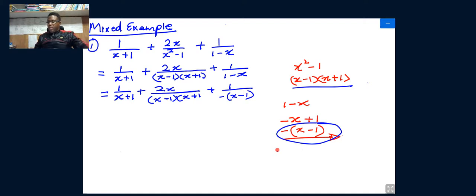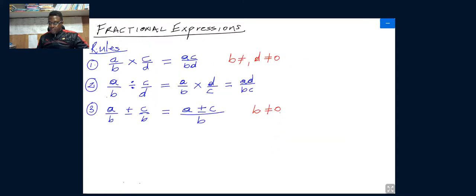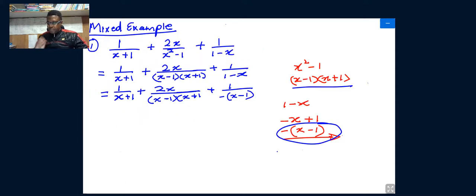Remember, we spoke about the LCD. Can we go back to that slide? Oh, alright, it's no longer there, I deleted it. But an LCD that will enable us to divide all the denominators without leaving a remainder. Okay, so I'm deleting this.